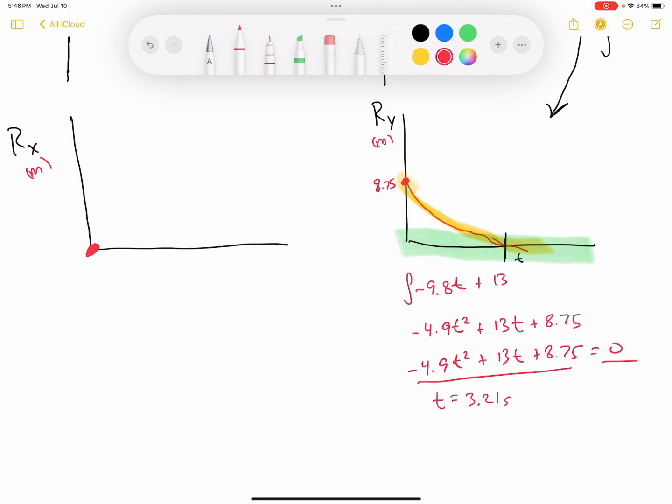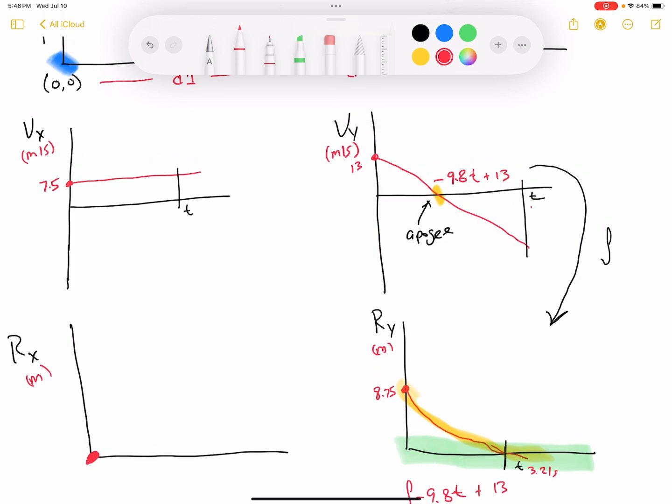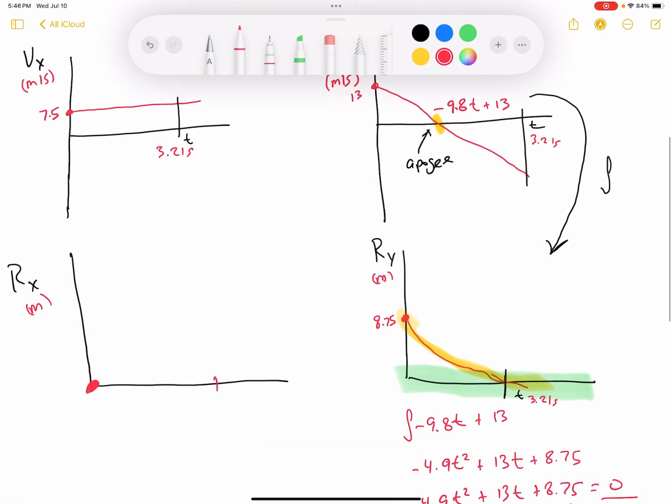I can say here it's 3.21 seconds. Here I could also say this is 3.21 seconds. Over here, 3.21 seconds. And even over here, 3.21 seconds. So now we know the time.